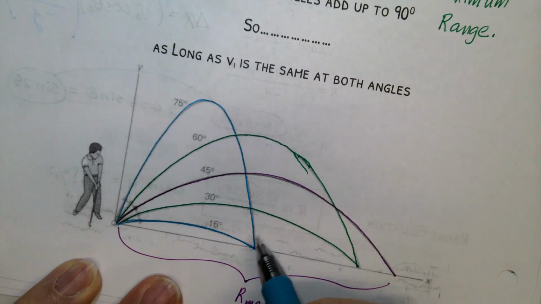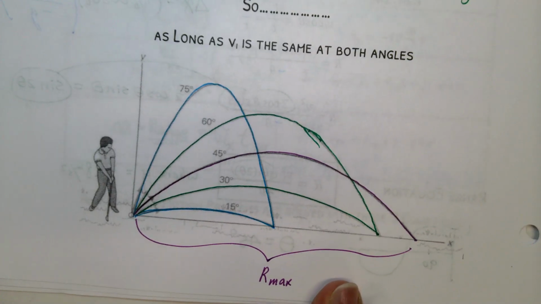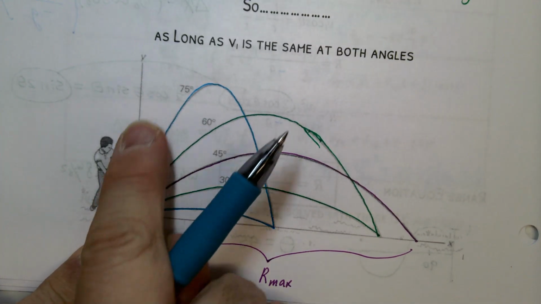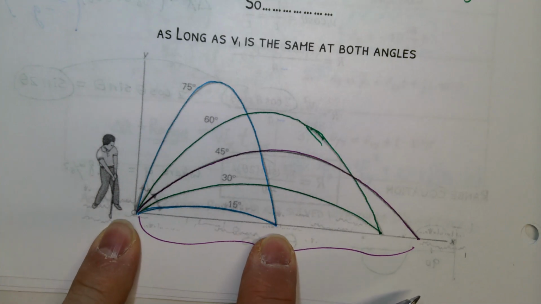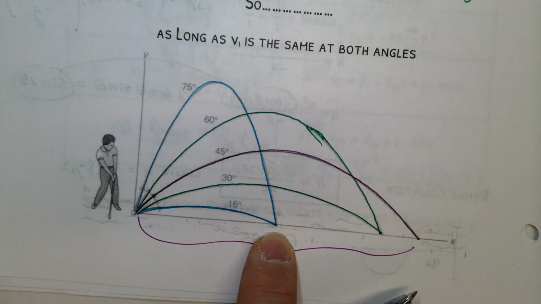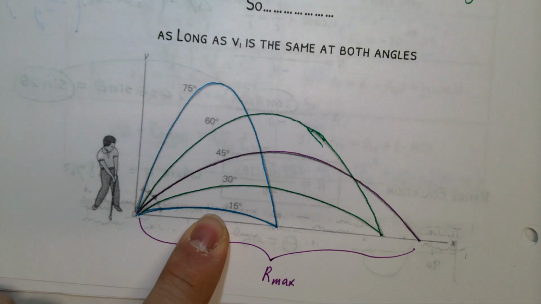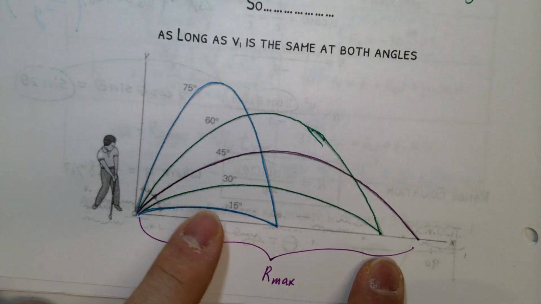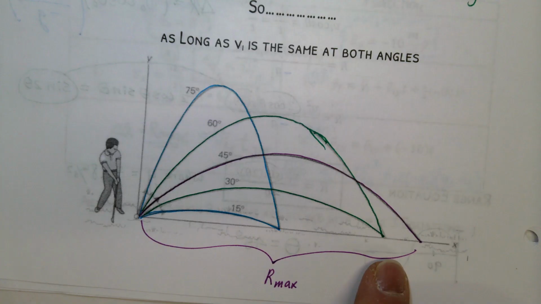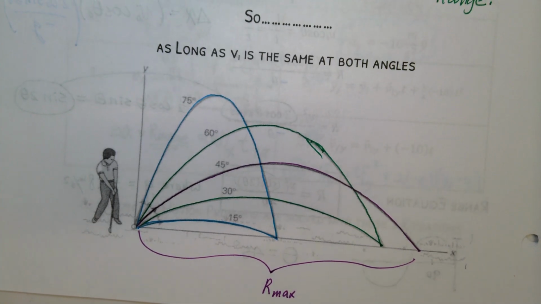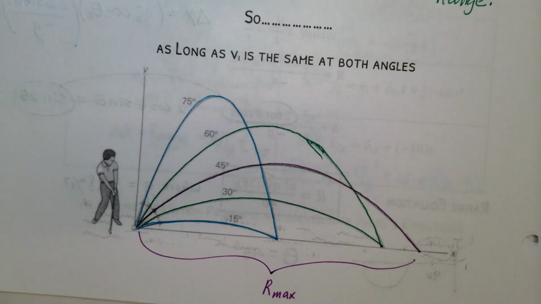So if you have to use a lob wedge to make it go high over the bush to land on the green, right? You want to go up the complementary angle rather than going through the bush. You may not find your ball, right, if you do it this way. All right? So it's a good idea to know this because you never know.